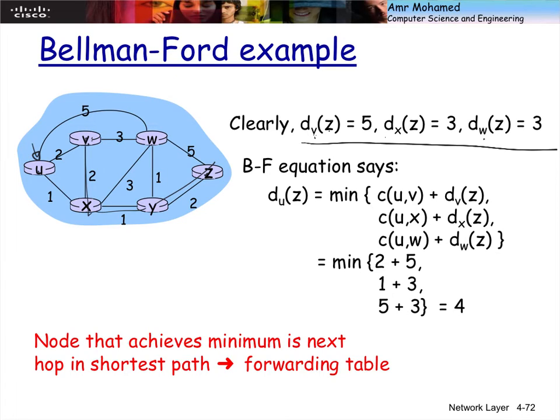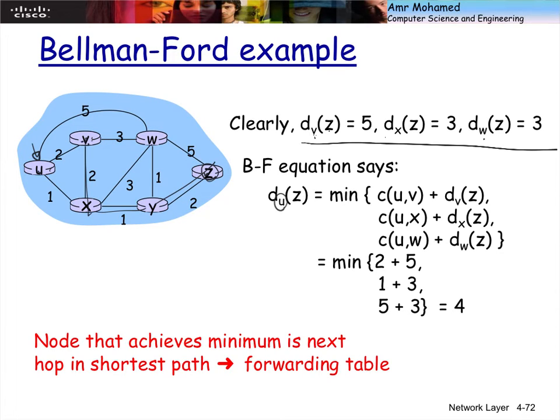I don't know which nodes in the network these distances are calculated based on. I don't have to keep track of this because I don't have a global view. But based on this, node U needs to calculate the minimum distance to Z. So Z can be reachable from any adjacent node.